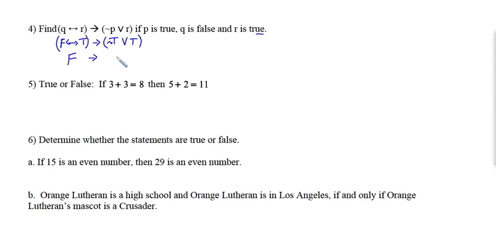We have our arrow, and then we have not true, which is false, or true. And so we have false, or if false, then false or true, that's a true statement. And if false, then true, that's going to equal a true statement.